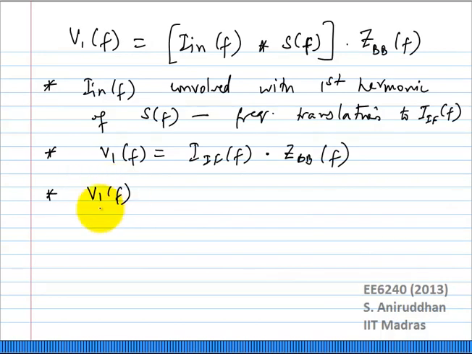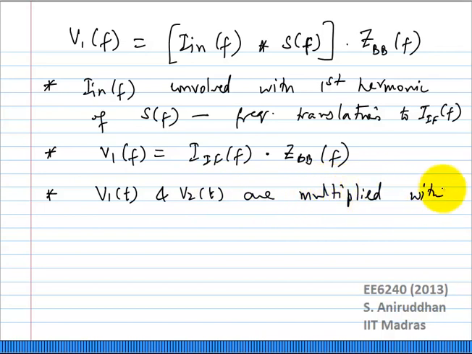Okay, so V1 of f, or in the time domain, V1 of t and V2 of t, with S of t. Okay. What happens when V1 of t and V2 of t are multiplied with S of t?